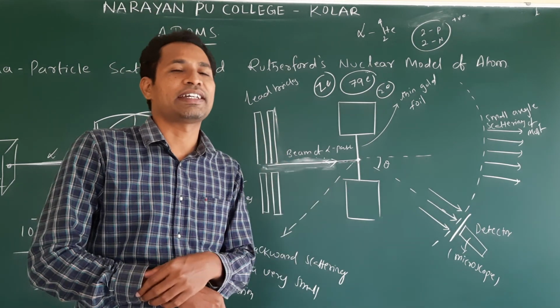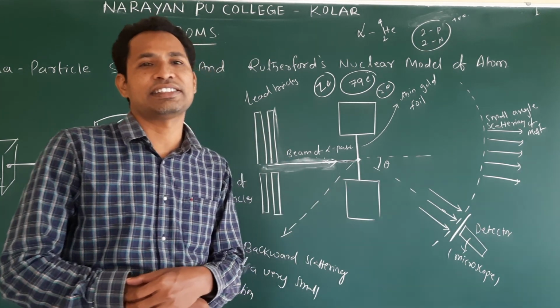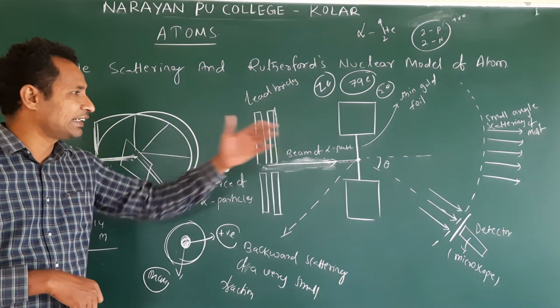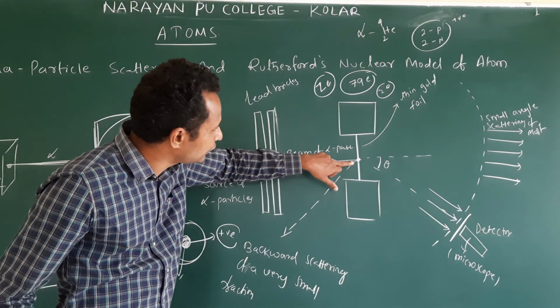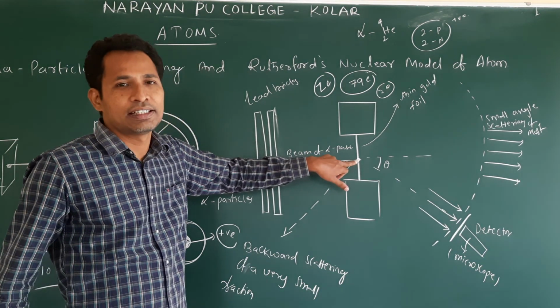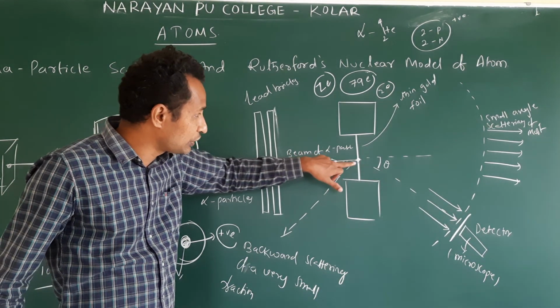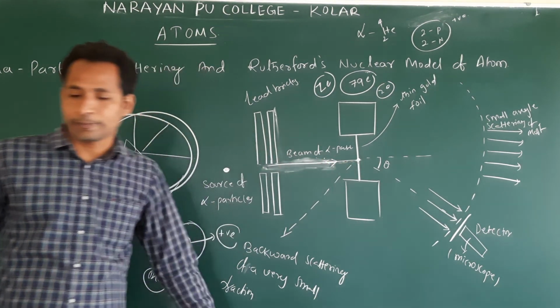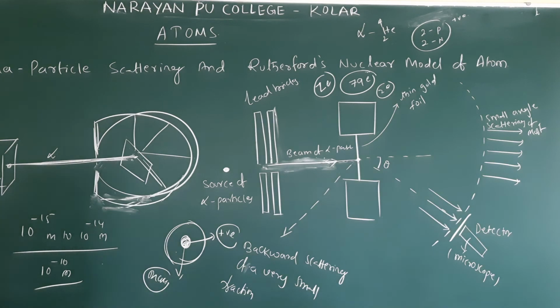It comes back with the same velocity, with the direction changed. Like that here also. When the alpha particles are in head-on collision with the nucleus, they return back. That's why the ones colliding with the nucleus are not penetrating.